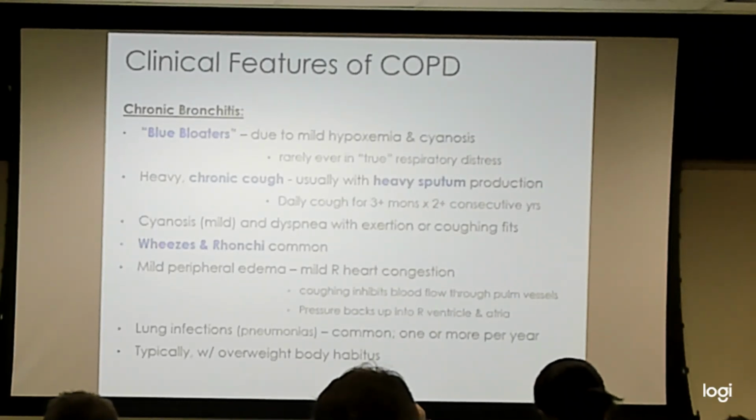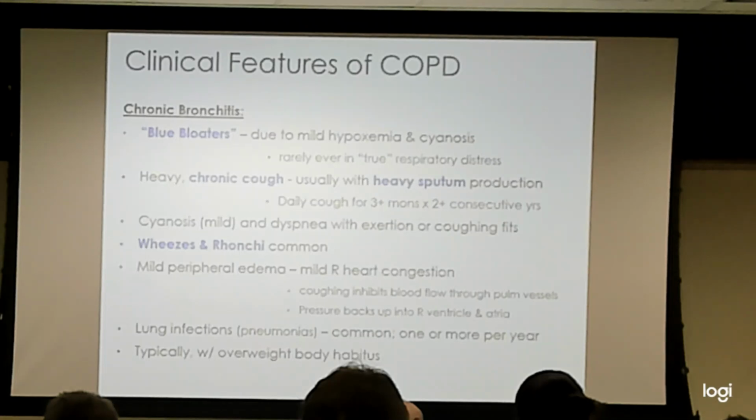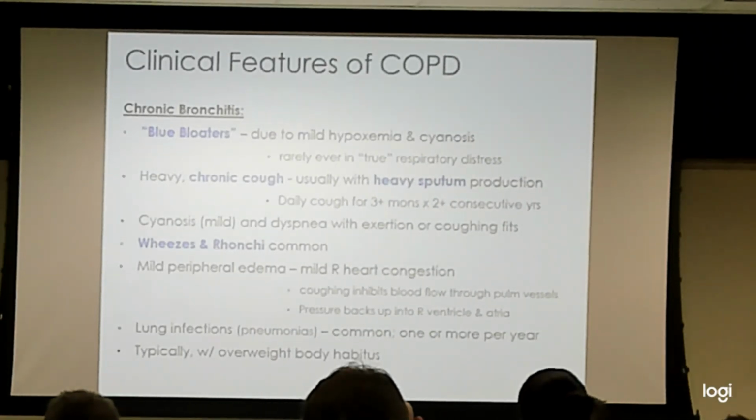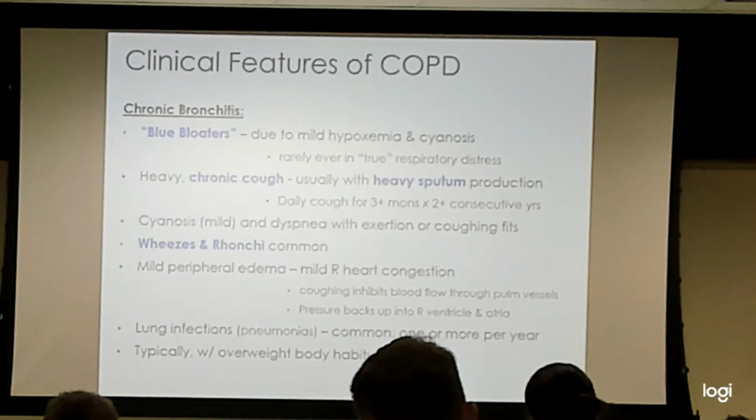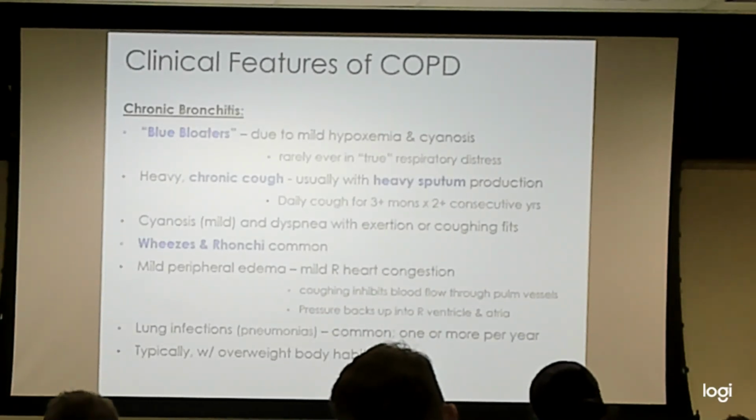For oxygen to diffuse, you also need that gradient. It's very important. Again, that's where our pH and ABGs come in. And so this constant coughing doesn't allow that to be optimal, and so you do see some backup. And then we talked about the lung infections, very, very common, unfortunately.